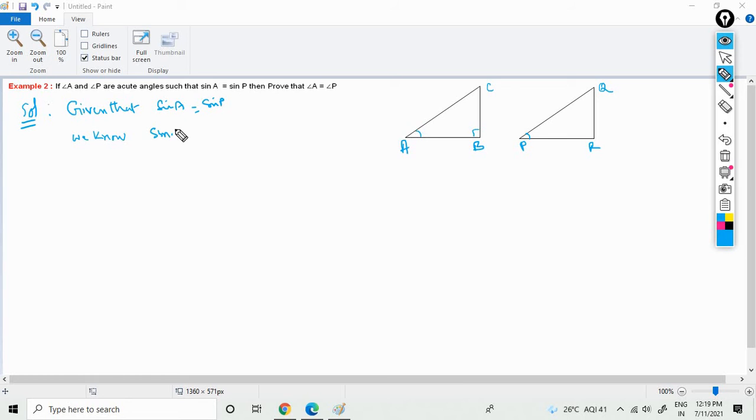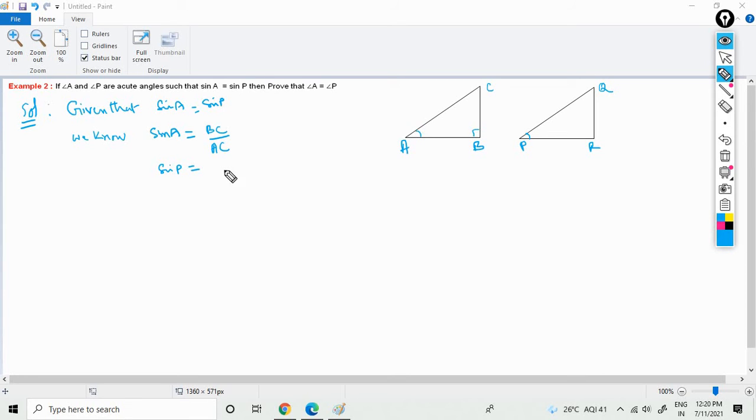Sin A is equal to, how will you get the sin A ratio? The opposite side of angle A, that is BC, by the hypotenuse, that is AC. That means BC by AC. This is your first ratio. Similarly, we know sin P is equal to, from this particular triangle, the opposite side is QR and PQ is the hypotenuse.